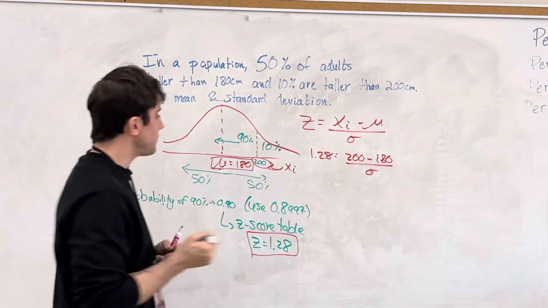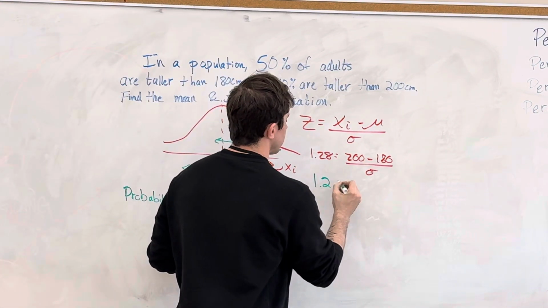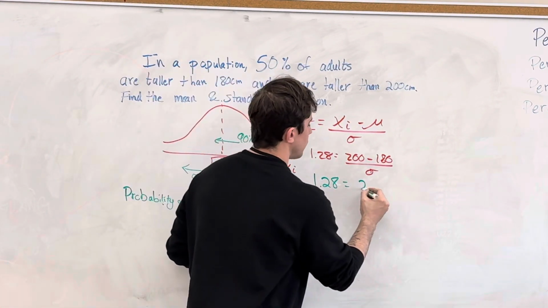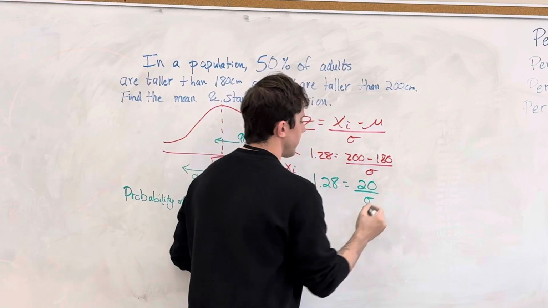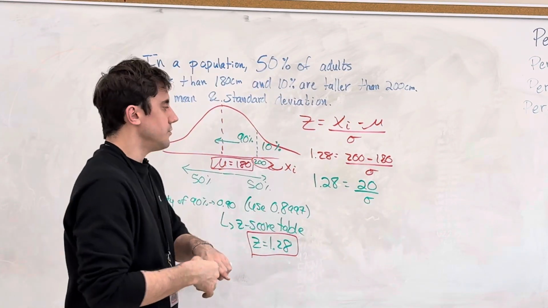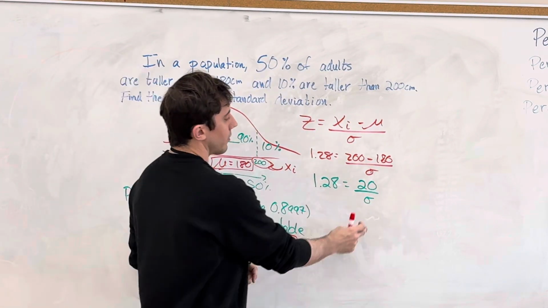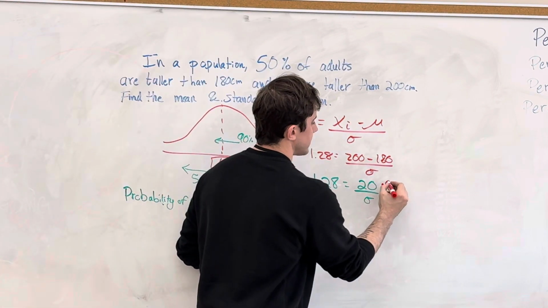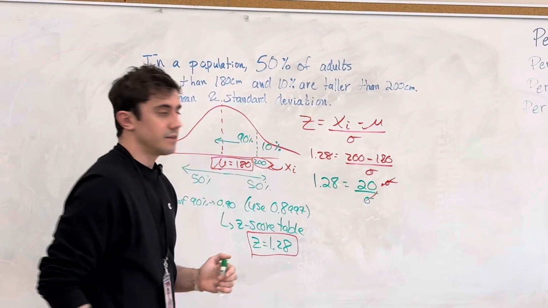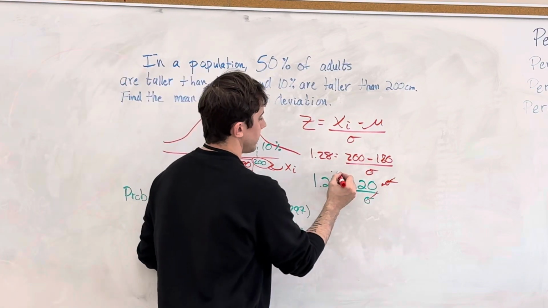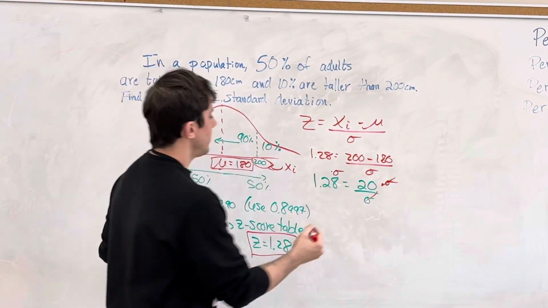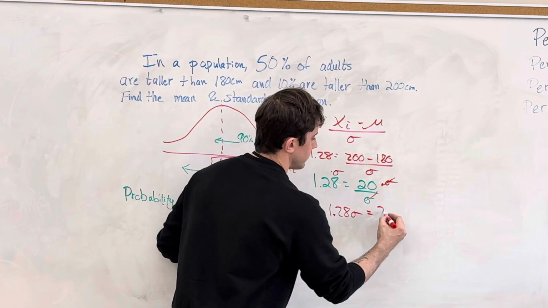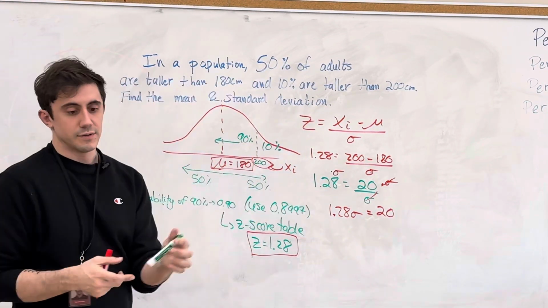So this is just algebra. We're going to have 1.28 is equal to 200 minus 180, a difference of 20, so 20 divided by our standard deviation. You've probably seen equations like this before. Our unknown is in the denominator, and we want to get rid of that. So let's multiply by sigma to cancel out the sigma in the denominator. We always multiply both sides by the same thing. And so 1.28 times sigma is now equal to 20. Of course, you know how to finish this off.